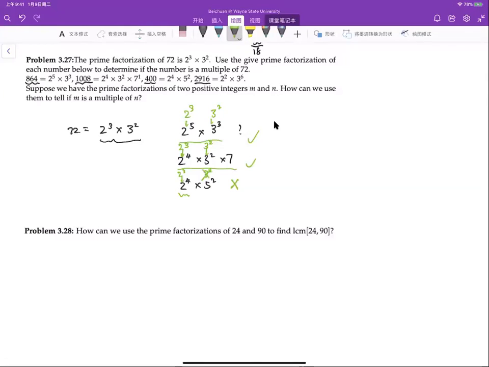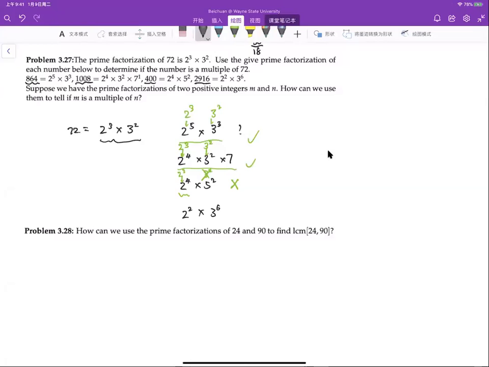All right, so let's look at the last one. The last one is 2 squared times 3 to the 6th. Is that a multiple of 72? No. Okay, Jacob, why not? Because 2 squared is less than 2 cubed.